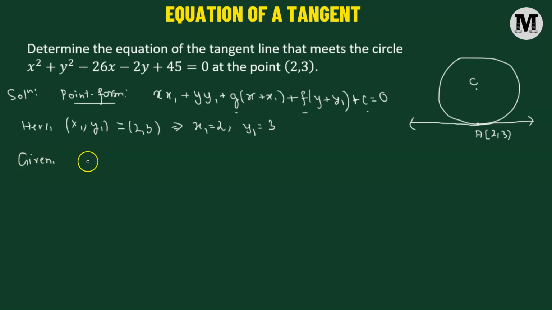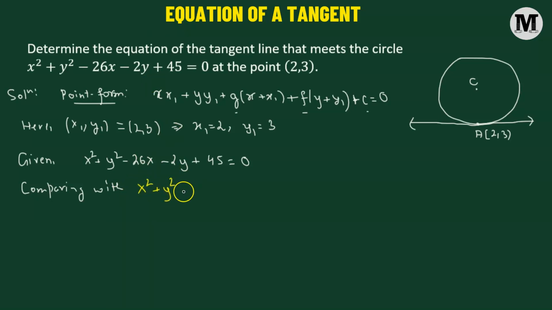We have x squared plus y squared minus 26x minus 2y plus 45 equals 0. What we'll do here is compare this equation with the general equation of a circle. The general equation of a circle is given by x squared plus y squared plus 2gx plus 2fy plus c equals 0.